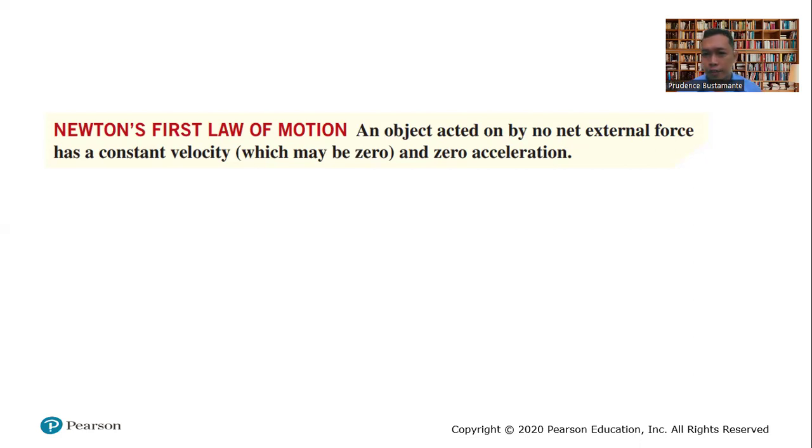So, no net force. You have no net force either if nothing is touching you or if you add the forces on you and it is zero. So no net external force has constant velocity, which may be zero, and zero acceleration. So, you understand, class.